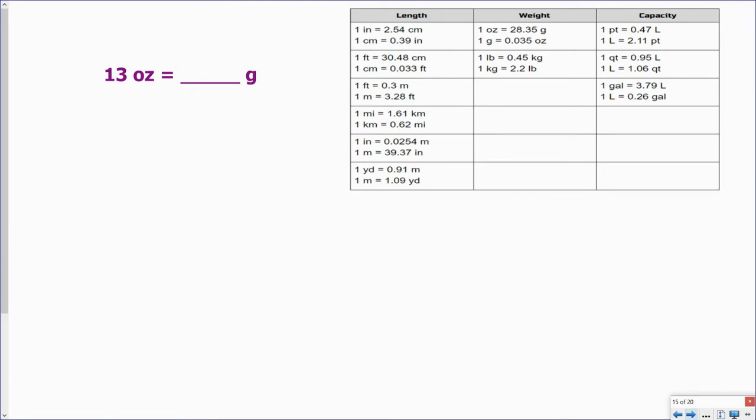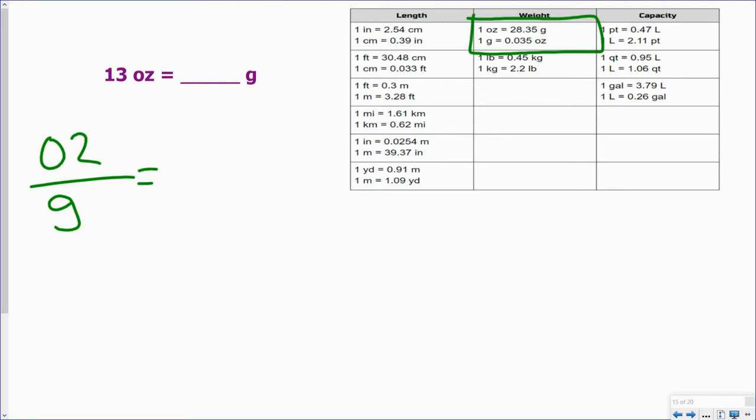So now I have 13 ounces, trying to figure out how many grams that I need. So in my table, I need to find that, and that is right here. And so again, I'm going to compare ounces to grams. And in doing that, gives me 1 gram here and 0.035 ounces here.